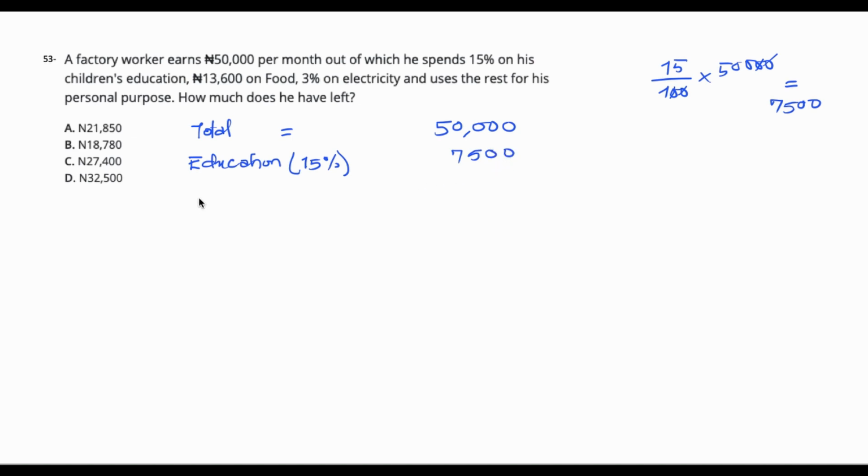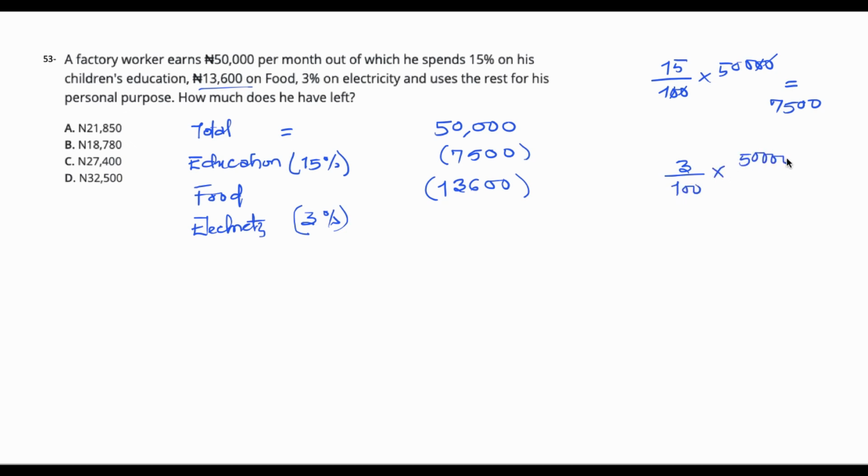And then we were told that on food, he spends 13,600. So 13,600 on food. By the way, all these are expenses. This is what he earns, but all these are expenses, so they are negative. And then he spends on electricity. He spends 3% on electricity. So 3% of his entire pay is 3 over 100 times 50,000.